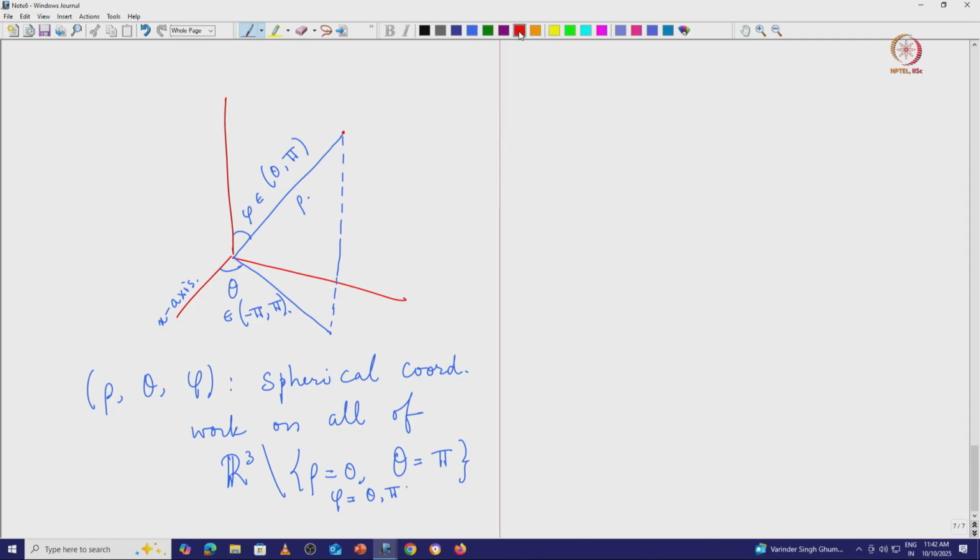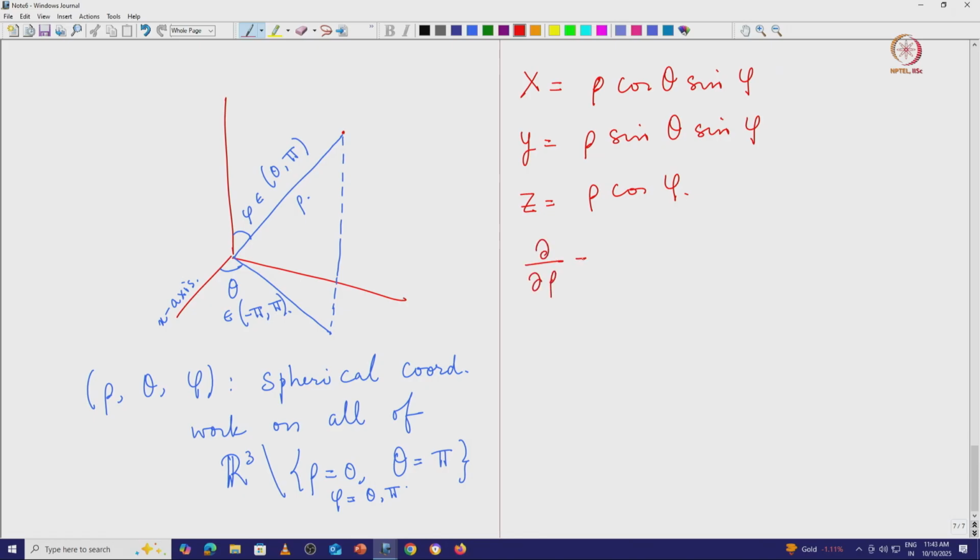So in terms of the spherical coordinates, how do the spherical coordinates relate to the Cartesian coordinates? Well, x is given by rho cos theta sin phi, y is given by rho sin theta sin phi, and z is given by rho cos phi. Okay, so now one can calculate what del by del rho is.